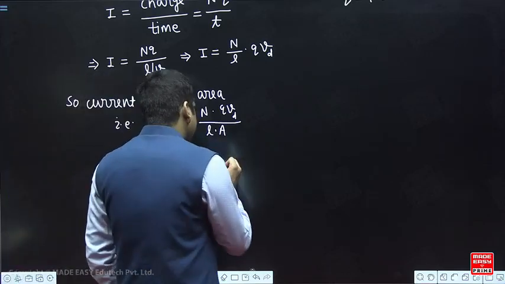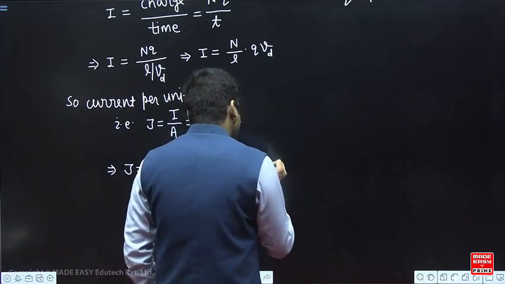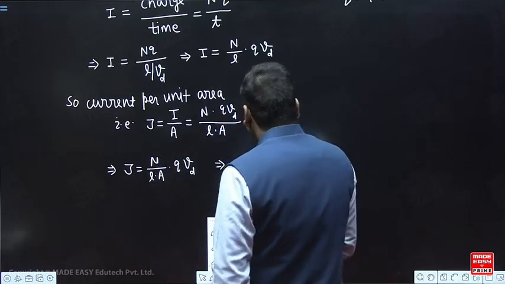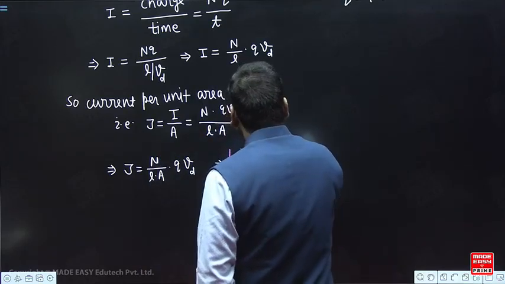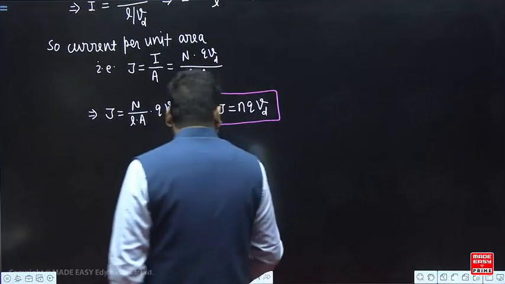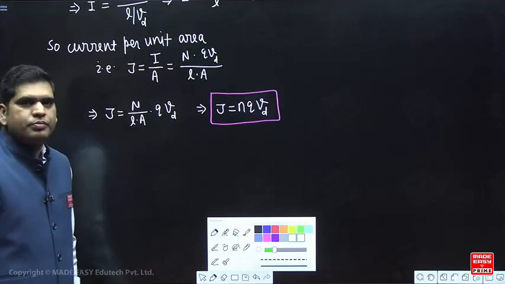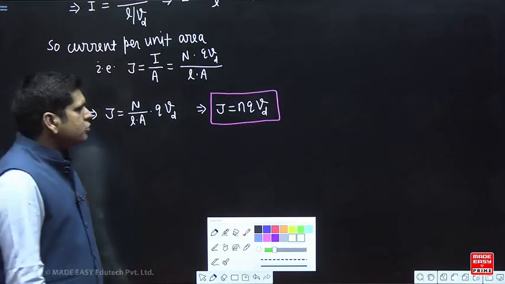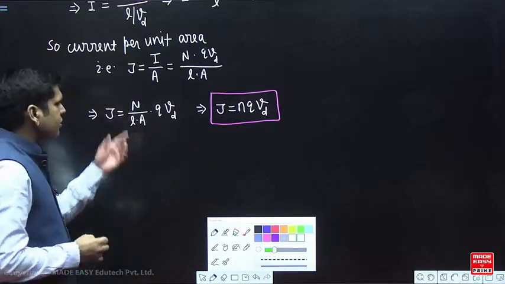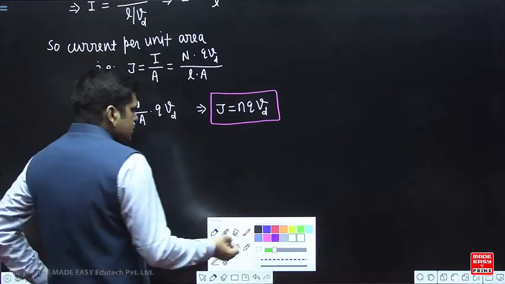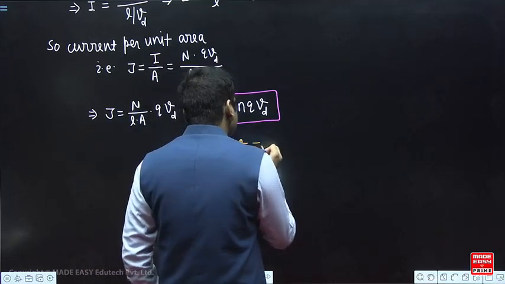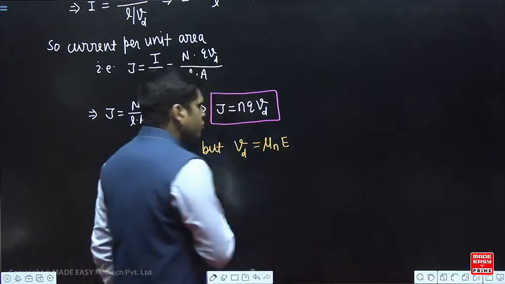So this comes out as J is equal to nqVd. J की value हो गई. Now my dear friend, you see J is equal to nqVd. Vd is equal to mu E. Here this is small n. I have told you already, number of charge per unit volume. Vd is equal to mu into E, that we have written few moments before.